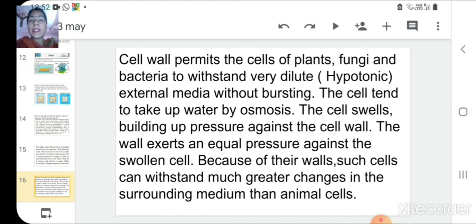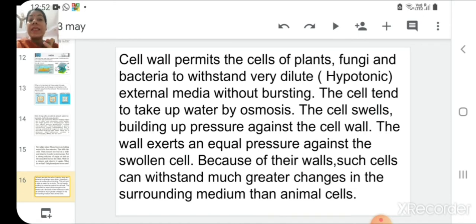Now let us again focus on the cell wall. The cell wall is specifically present in plant cells and it is made up of cellulose. The cell wall permits the cells of plants, fungi and bacteria to withstand very dilute hypotonic external media without bursting.